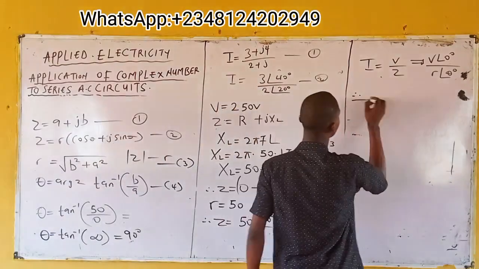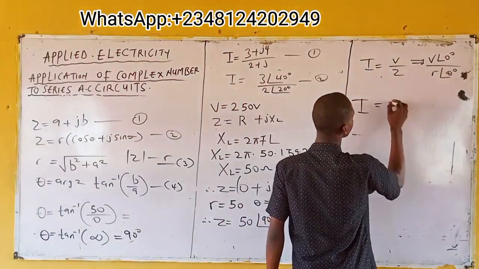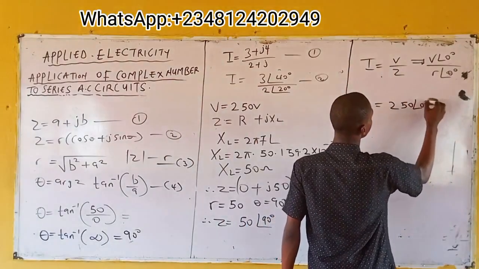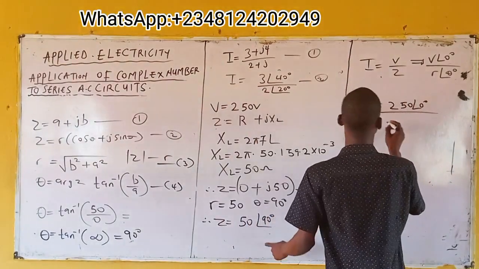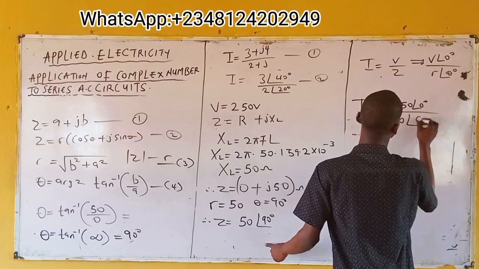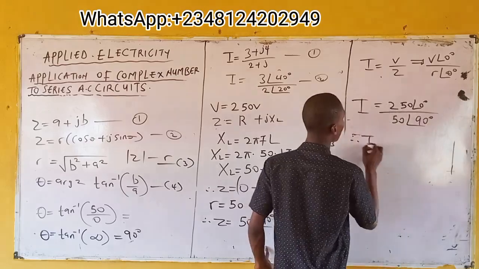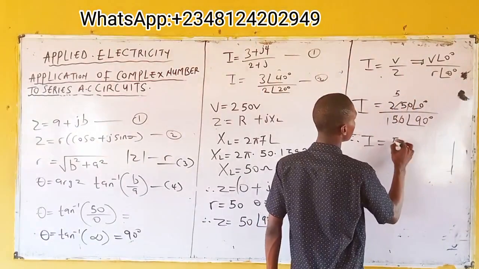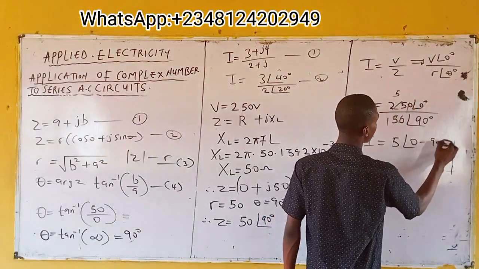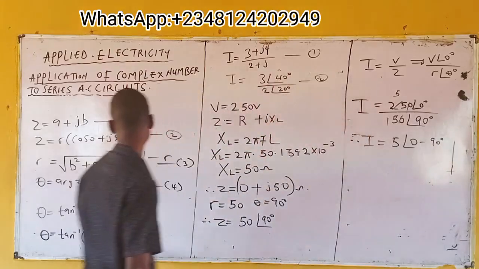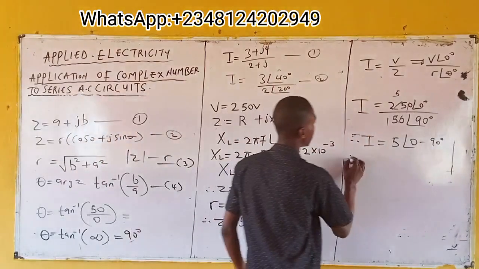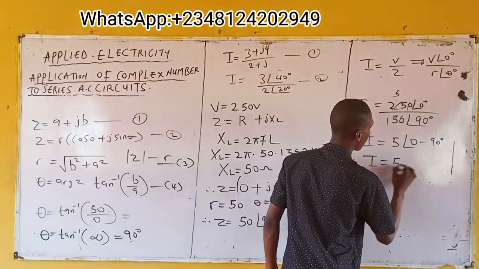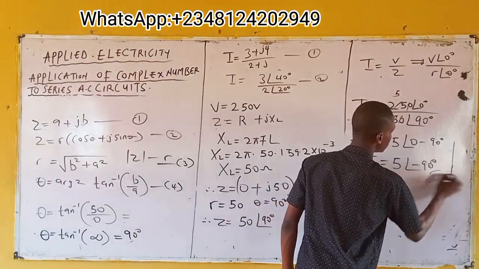Now substitute, meaning that I is equals to 250 at 0 degree over 50 at 90 degree. Therefore my I is what? 5 go here 1, 5 go here 5, right? Meaning 5 at 0 minus 90. What I explained previously, that's what we are applying. That is I is equals to 5 at negative 90 degree.